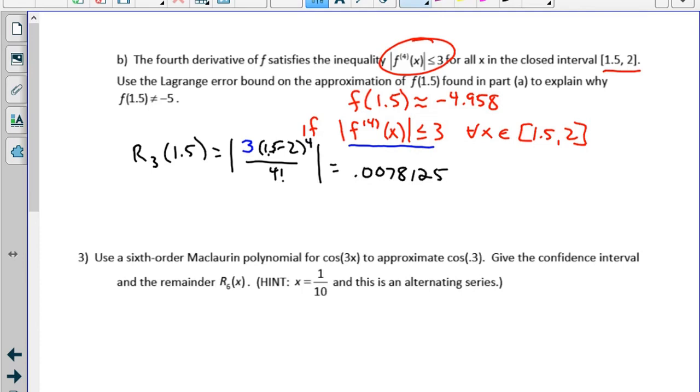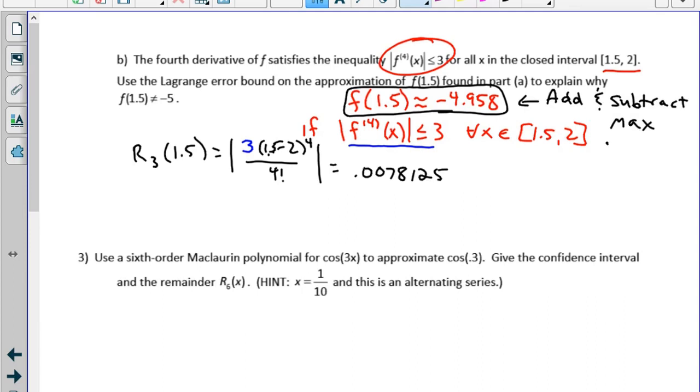0.0078125. So because I don't know if my original was an over approximation or an under approximation, I have no idea what the next derivative is. I don't know if the next term is positive or negative in my series. Then that means I take -4.958 and I want to add and subtract the maximum error remainder, and that gives me my confidence interval.